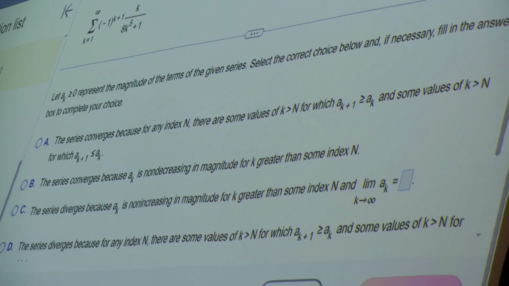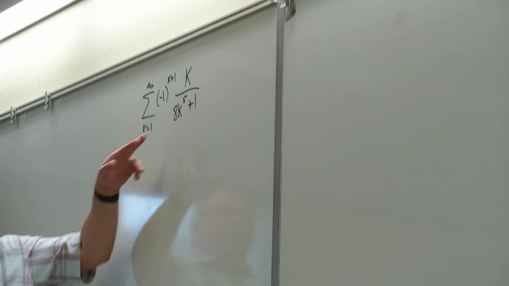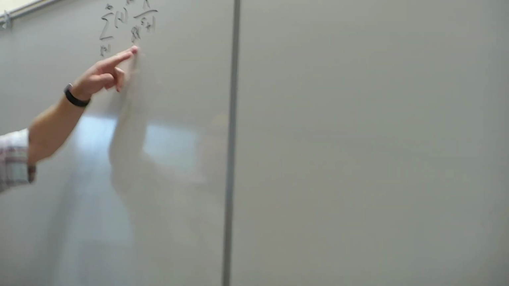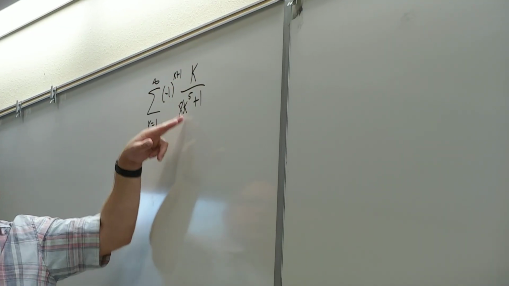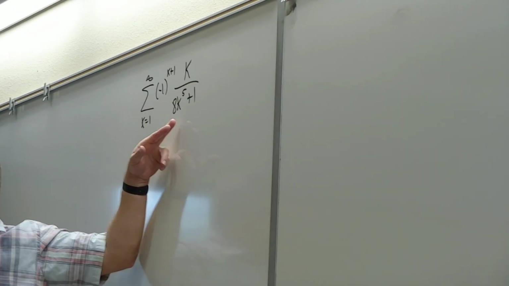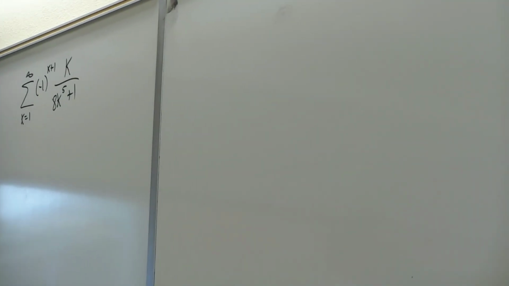Okay, so we need to determine if this converges or diverges. So if you look at it, we have a k to the 5th in the denominator and a k in the numerator. That's like k to the 1. So that's a difference of 4, right? What do we suspect? What's our hunch? Is it going to converge or diverge?